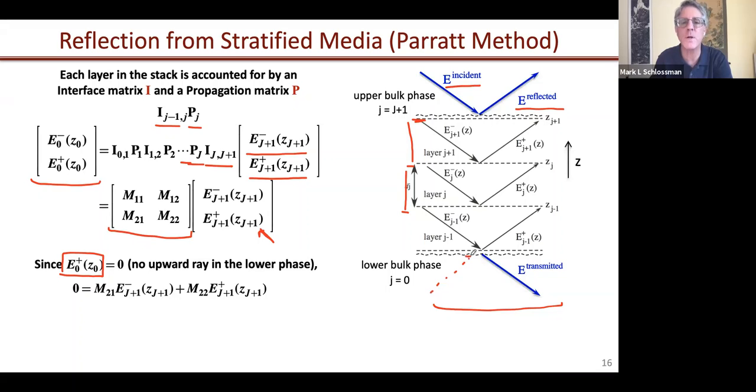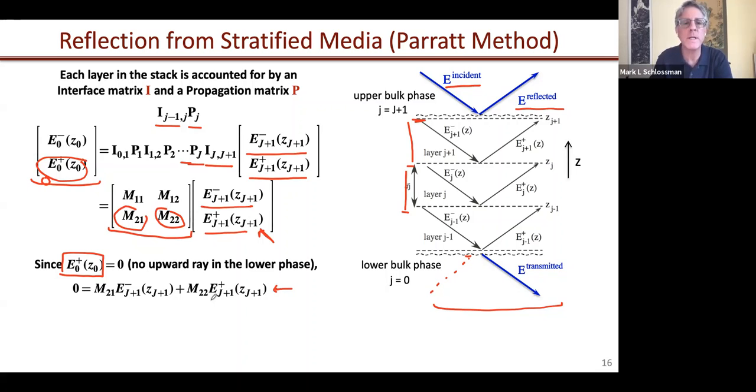That's just 0, because the only thing in the lower bulk phase is the transmitted wave. And so this becomes 0. And that term, which is just the M21 here times this, plus the M22 times that, which is what I wrote here, is just equal to 0.